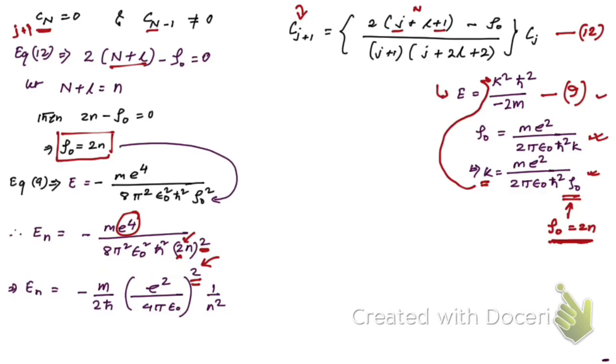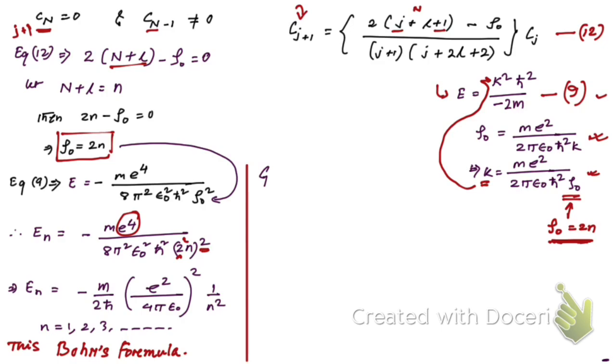Okay, now let me make it clean, just wait. Here n is equal to 1, 2, 3, 4, 5, and so on. This is Bohr's equation, Bohr's formula.